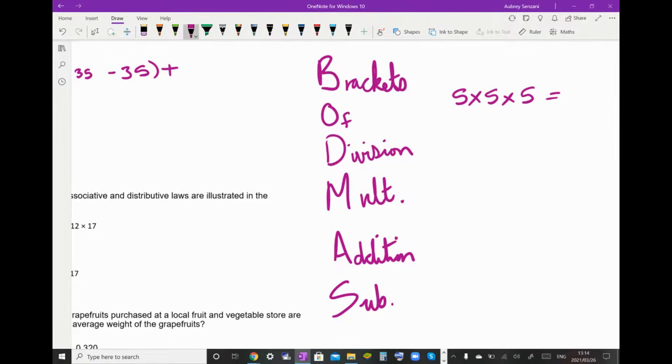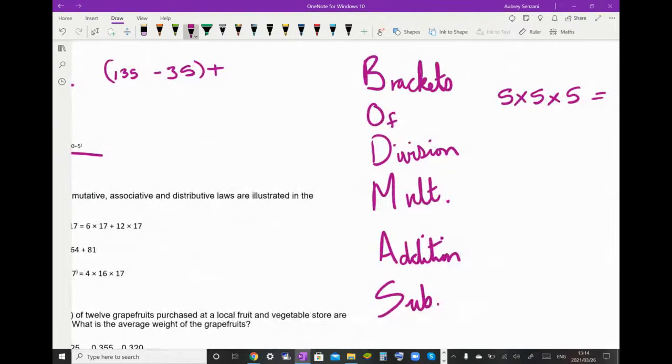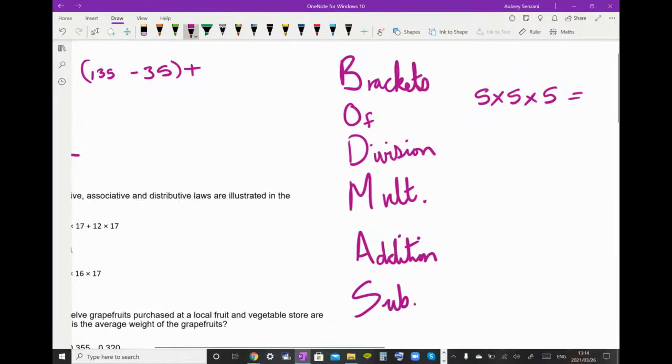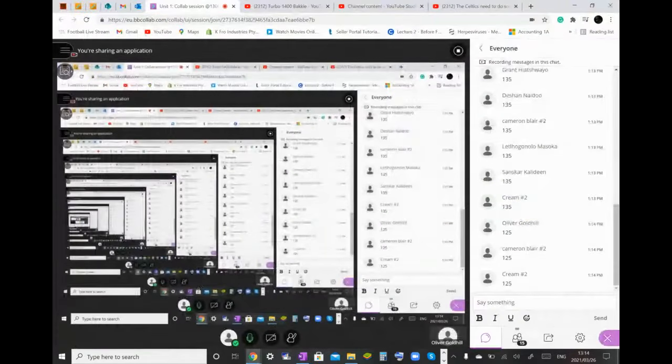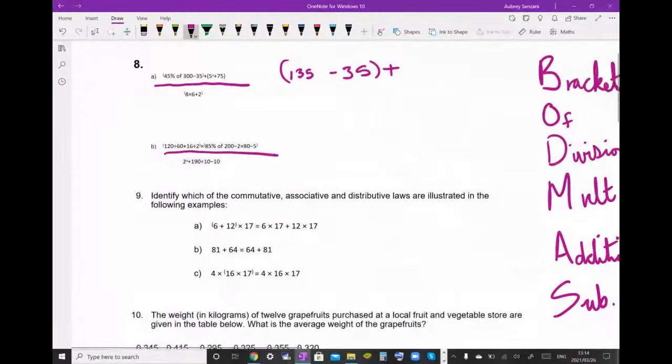That gives us 125, yes. So we say plus, in brackets, 125 plus 75.